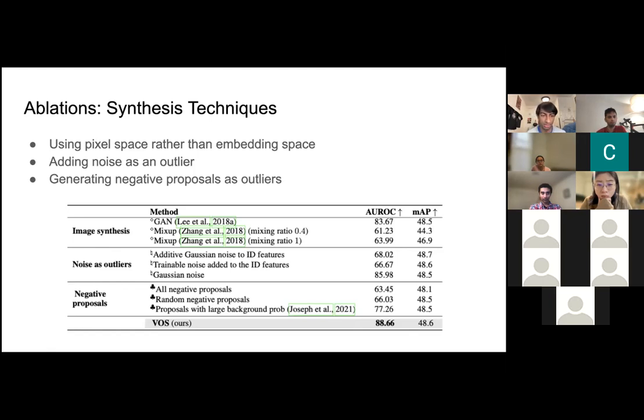So then they try doing image synthesis at the pixel space using, again, mix-up methods. Then they also try adding noise as an outlier. And then finally, they generate negative proposals using this method from last year.